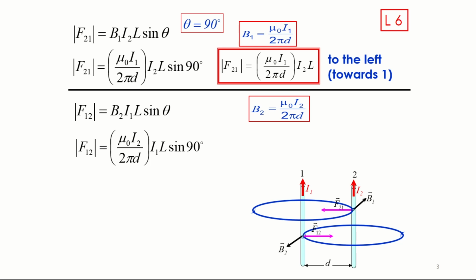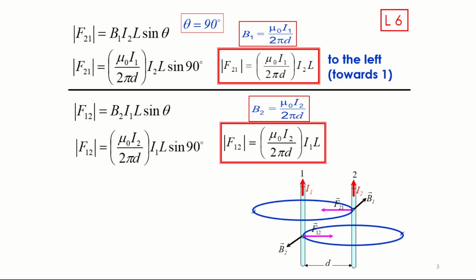Sine 90 degrees equals 1, so the magnitude F12 equals mu naught I2 divided by 2 pi d times I1 L, and the direction of F12 is to the right or towards conductor 2.